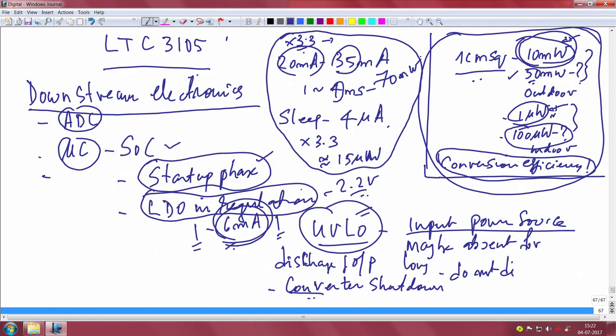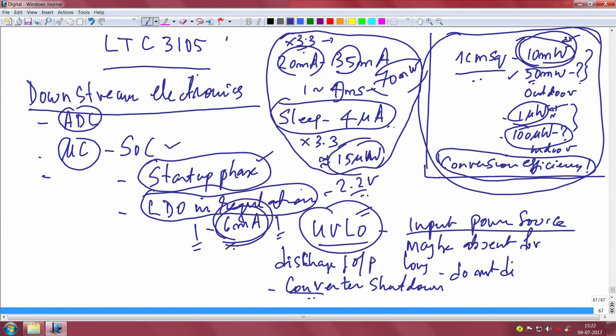If you put the microcontroller to sleep, your sleep currents are typically 4 microamperes. You may need anywhere between 12 to 15 microwatts of power, right.